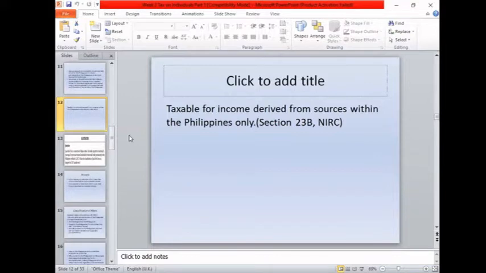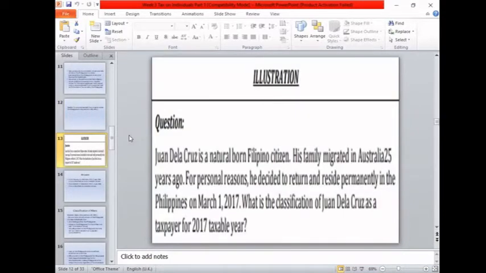If the non-resident citizen has income in another country, the income from the foreign country is not subject to Philippine tax. So take note, only the income of the non-resident citizen in the Philippines is subject to Philippine tax.